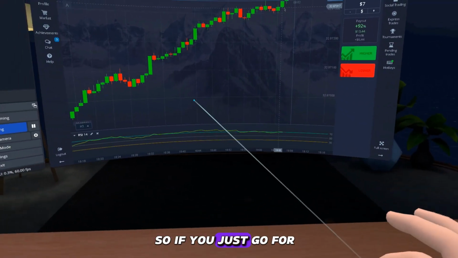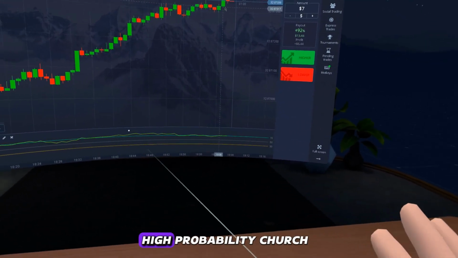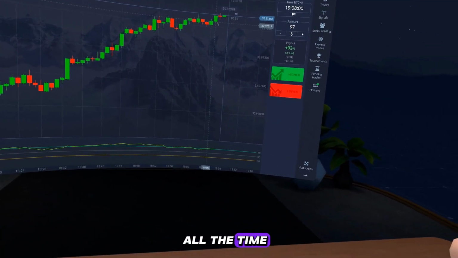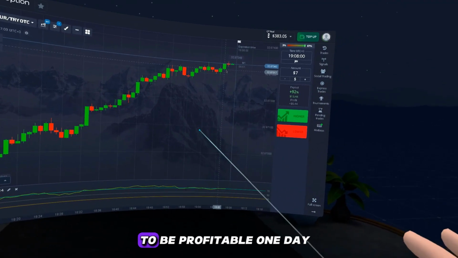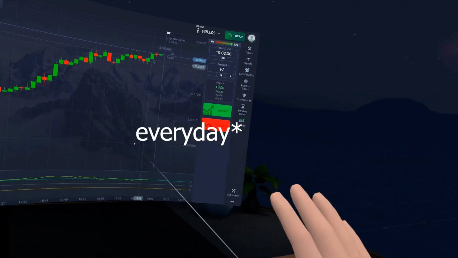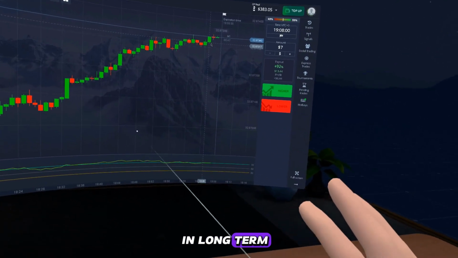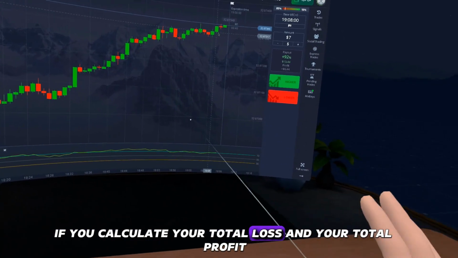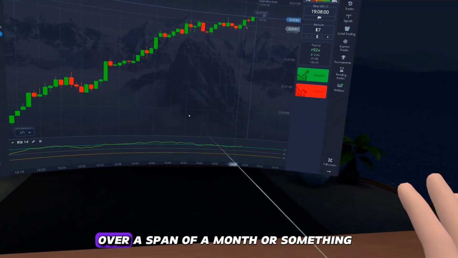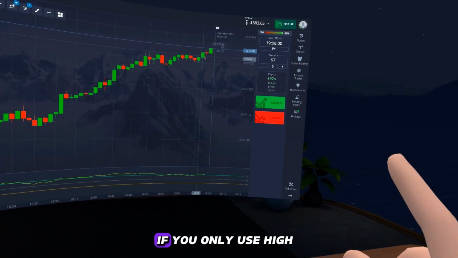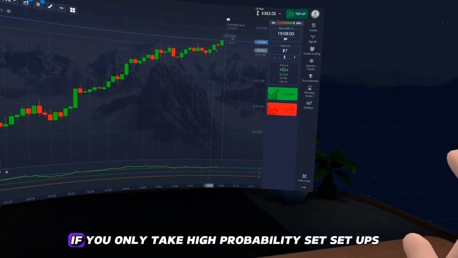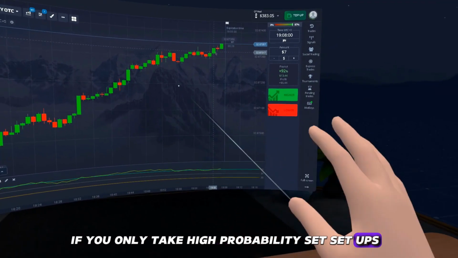So if you just go for high probability trades all the time, I'm quite sure that you might not be profitable one day, but you will be profitable in the long term. If you calculate your total loss and your total profit over a span of a month or something, you will see that you are in profit if you only take high probability setups like I'm teaching here.